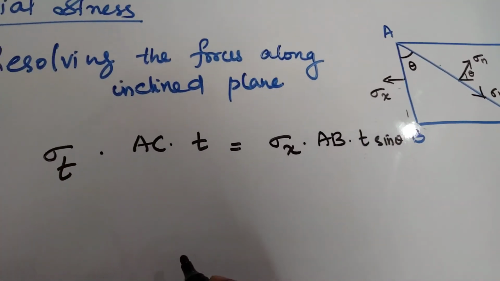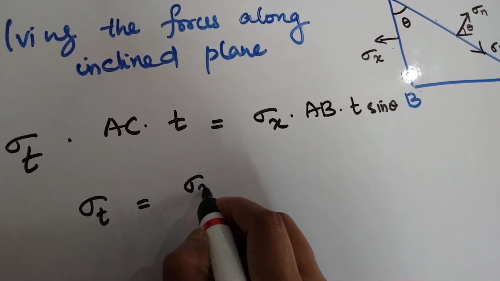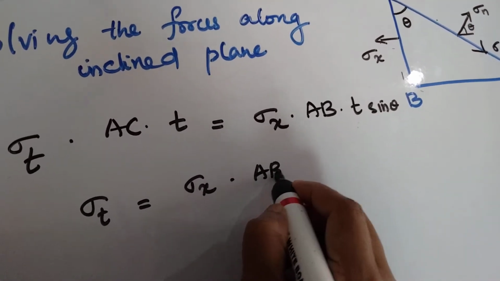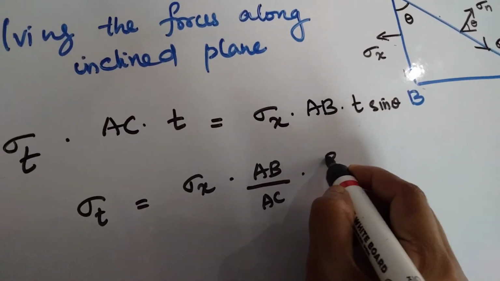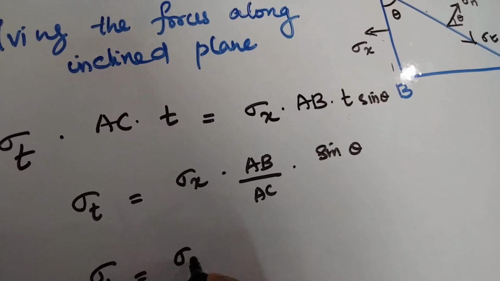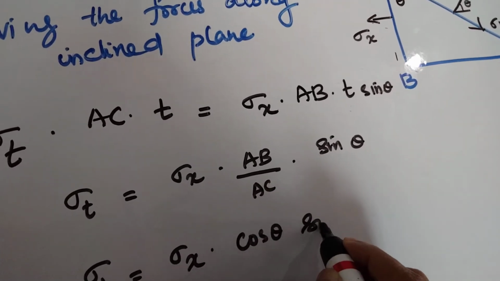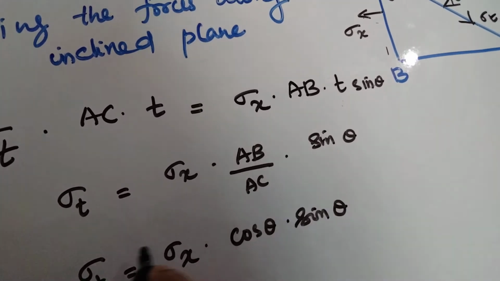So we get sigma t equal to sigma x into AB by AC into sin theta, which is sigma x cos theta sin theta.